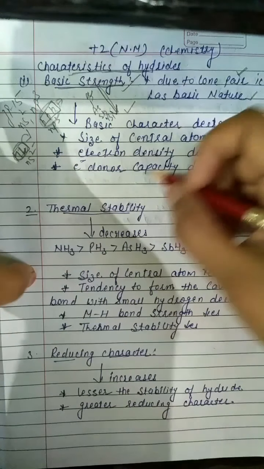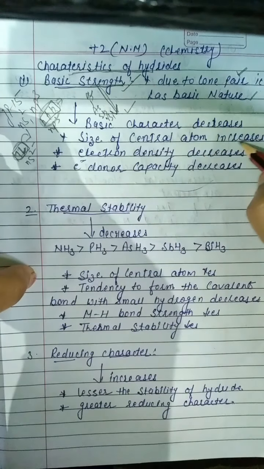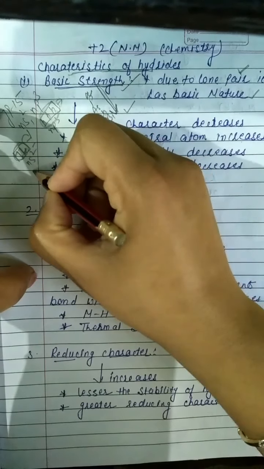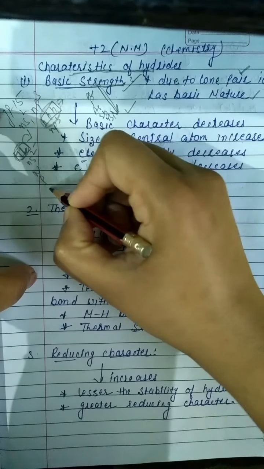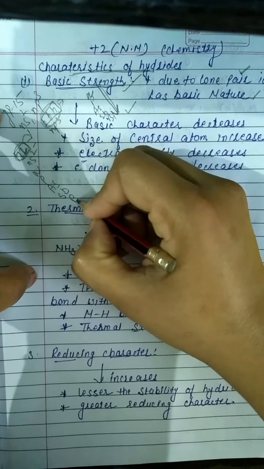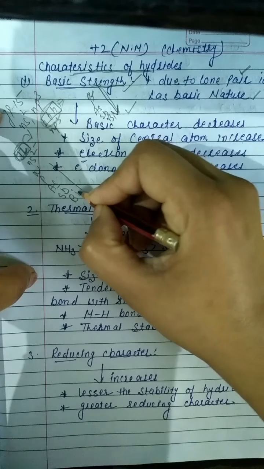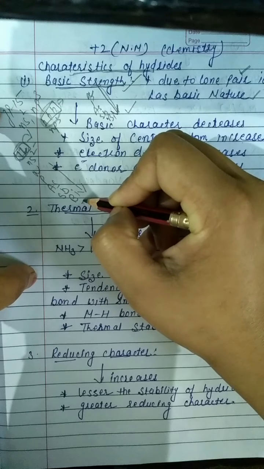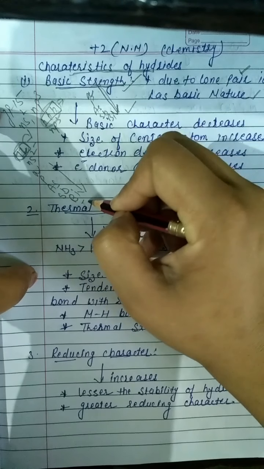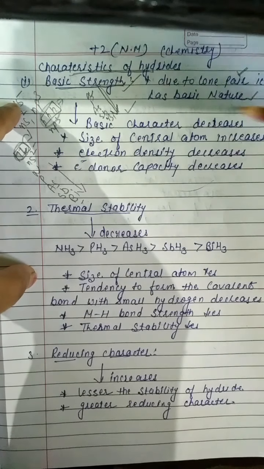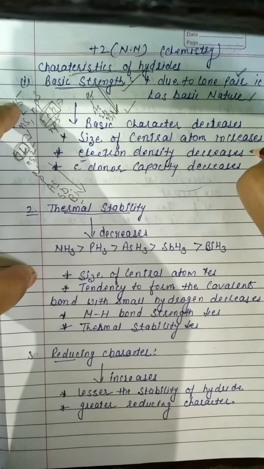The first reason is that the size of the central atom increases. When we move from top to bottom, through nitrogen, phosphorus, arsenic, antimony, bismuth, the size of the central atom increases due to the number of shells increasing. If the size of the central atom increases, then the electron density decreases.